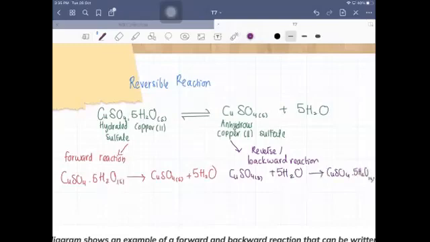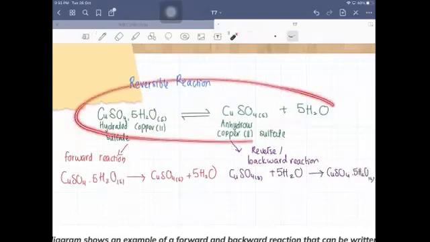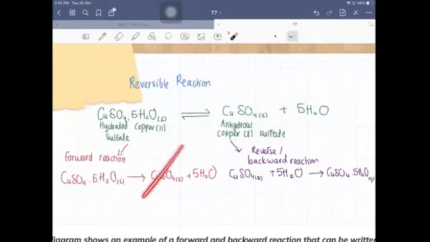Okay, so if you know how to go from the reversible reaction into its individual reactions, then you should also be able to go in reverse, combining two equations or two reactions to achieve a reversible reaction.